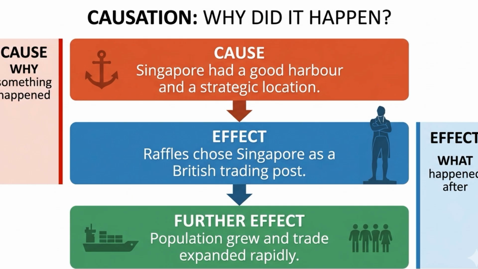Because Singapore became a free port open to all traders, merchants and workers arrived in large numbers. The population grew rapidly and trade expanded. One thing led to another in a chain. In history, events almost never have just one cause or one effect. Your job is to identify the causes, trace the effects, and explain how they connect.